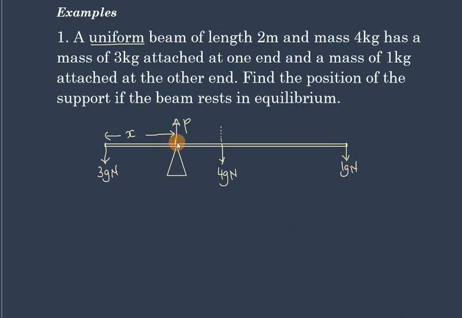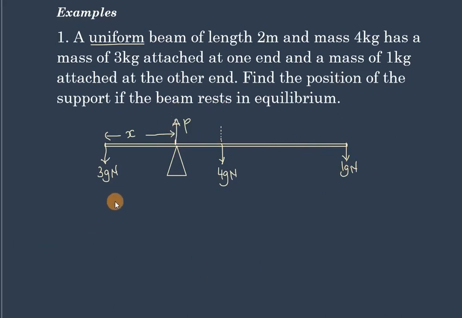The support is supposed to be nearer to the heavy weight, so that the other side, since this side is small, the weight will be compensated by the longer distance, so that you can have a bigger moment because it is a smaller force. So this is precisely what we have.